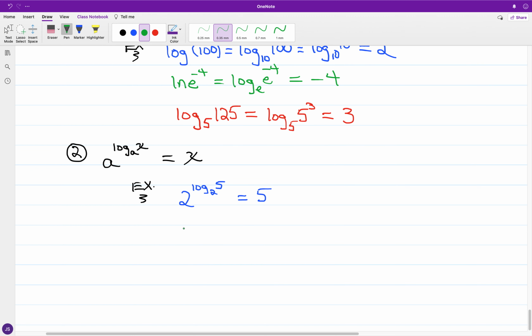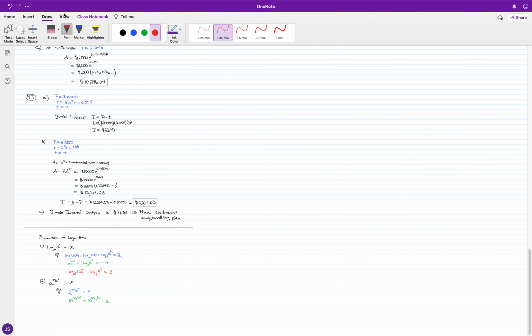Now let's say, going back to the number 10, I have 10 to the base 10 logarithm of 2, or 10 to the log of 2. Again, log is referencing the base 10 logarithm. So 10 to the base 10 logarithm of 2 is going to go to 2. And we can say that with the number e.